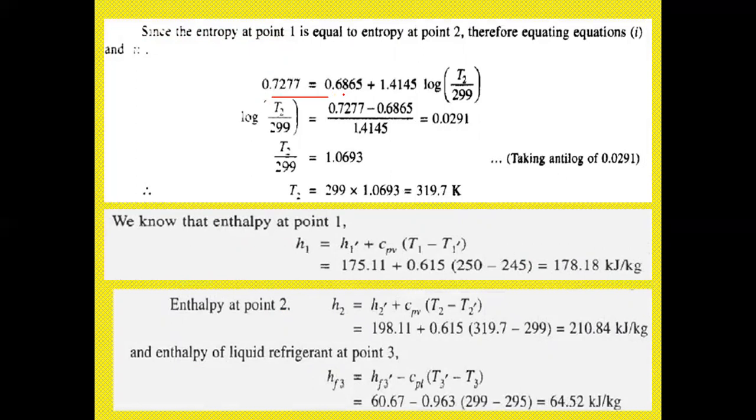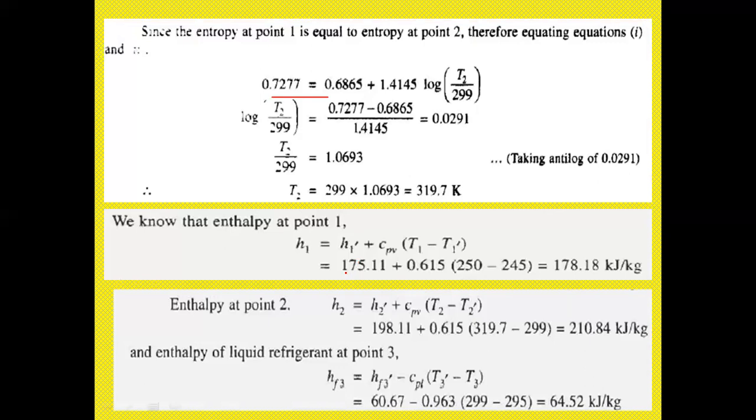Now we know the enthalpy. So already we know the enthalpy at point 1. We know that the enthalpy at point 1, H1 is equal to H1 dash plus CPV into T1 minus T1 dash.